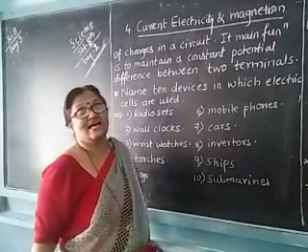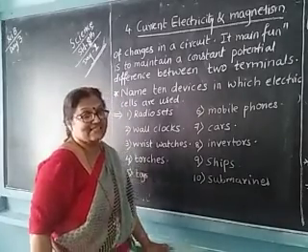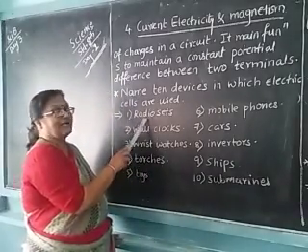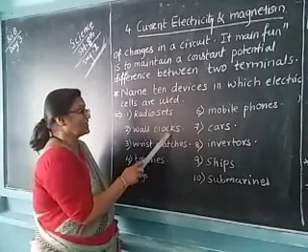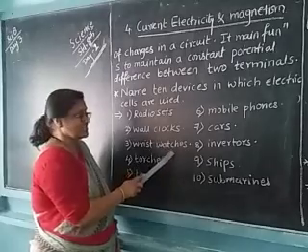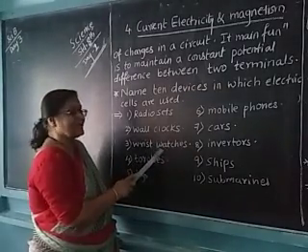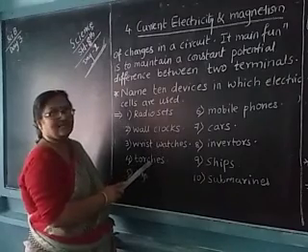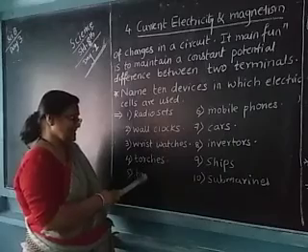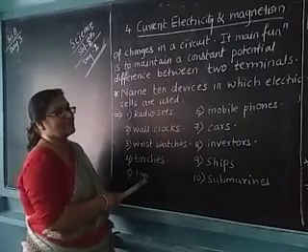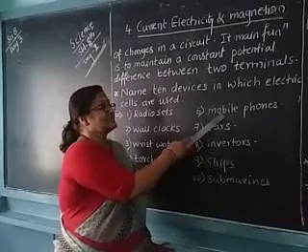Now these cells are used in various devices. Which devices are those? We are going to see here: radio sets, wall clocks, wrist watches. You can see very small cells are required for wrist watches. Then torches have somewhat larger cells. Toys have somewhat smaller cells. Mobile phones have very small cells.